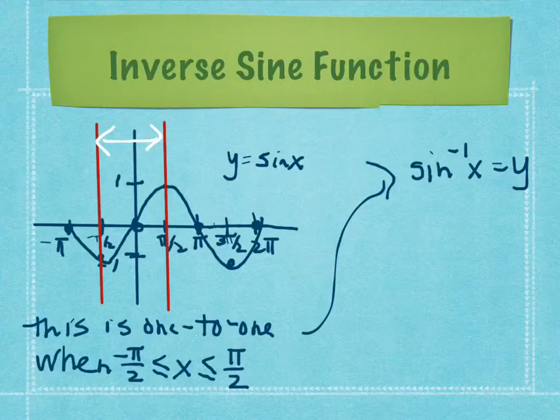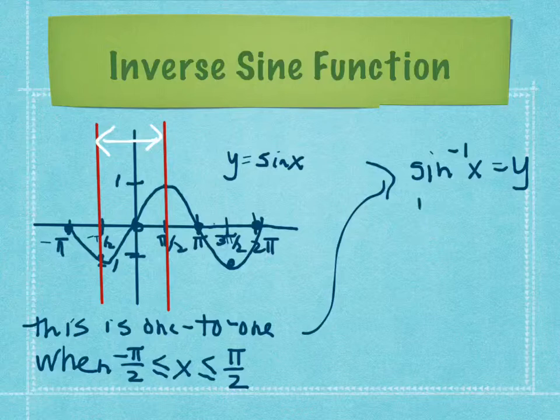And when we do the inverse, it switches. Those are x values for sine, which means they become the y values for inverse sine. So the domain for sine becomes the range for inverse sine. X and y are supposed to switch, right? So that means the domain and the range switch as well, because domain is x and range is y. That's what we're doing. We're switching the domain and range.